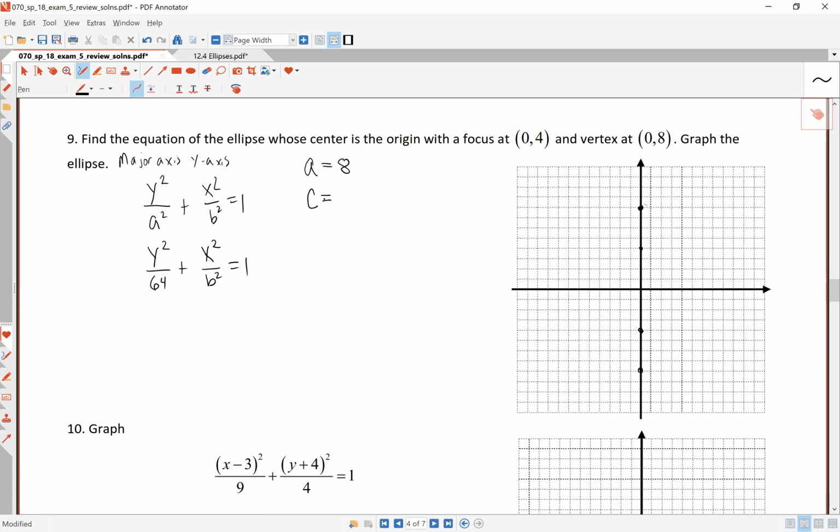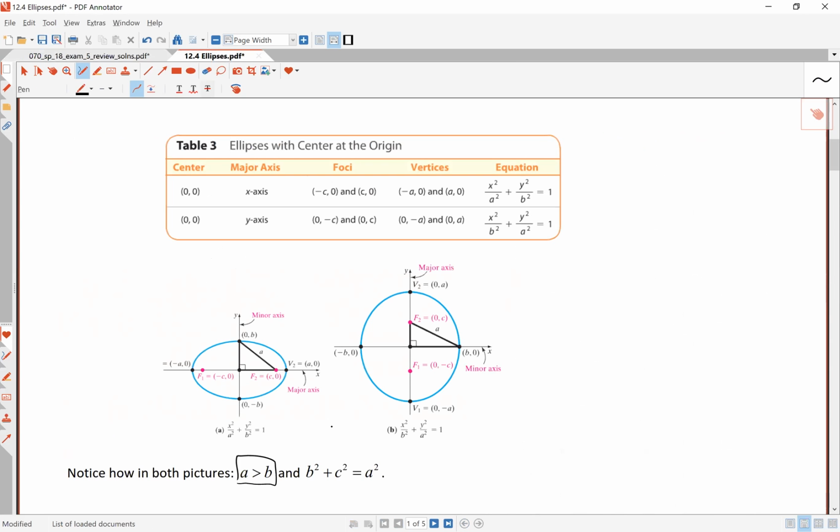And now we use the fact that the focus is at (0, 4). The focus is c units away from the center, and the formula is b squared plus c squared is a squared.